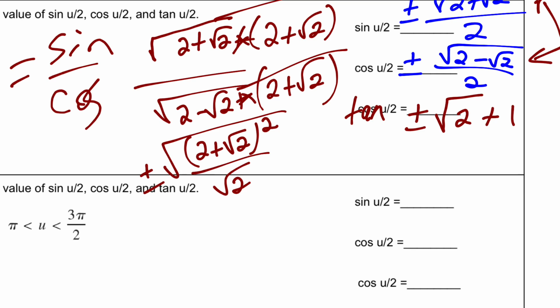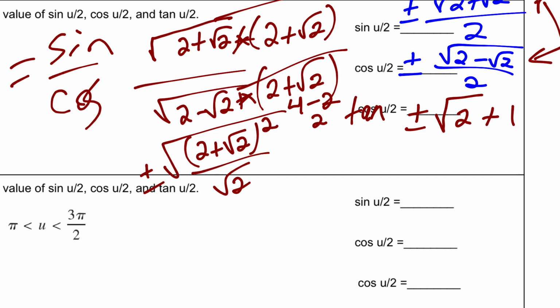And the bottom part, using difference of squares, 2 times 2, the middle terms cancel out, and then we minus 2. So the bottom part actually becomes 4 minus 2, or just 2. And then, do you notice that we dropped the square root from the bottom? That's because we applied it there.